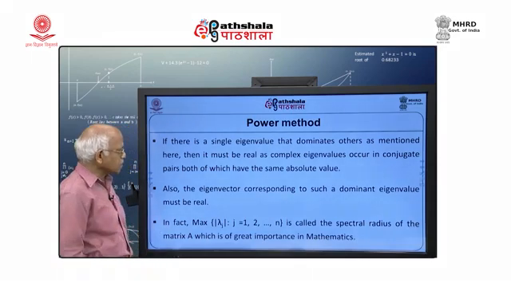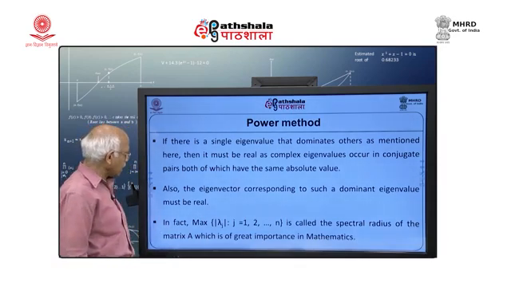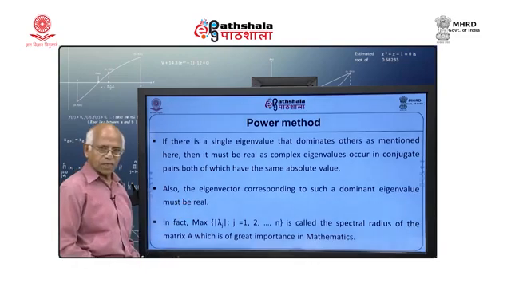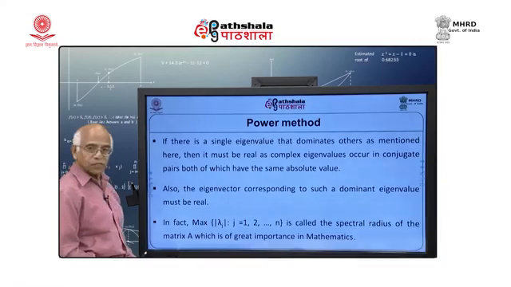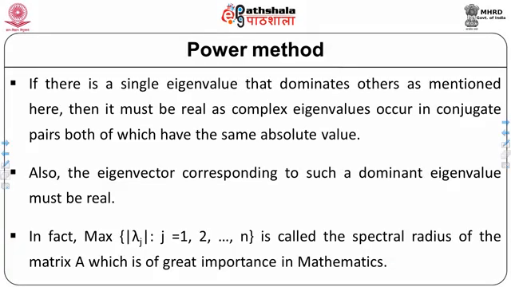Also, the eigenvector corresponding to such a dominant eigenvalue must be real, because the eigenvalue is real, and therefore it is possible to make the computations by this particular method to find such a dominant eigenvalue. In fact, the maximum of mod lambda j is called the spectral radius of the matrix A, which is of great importance in mathematics.